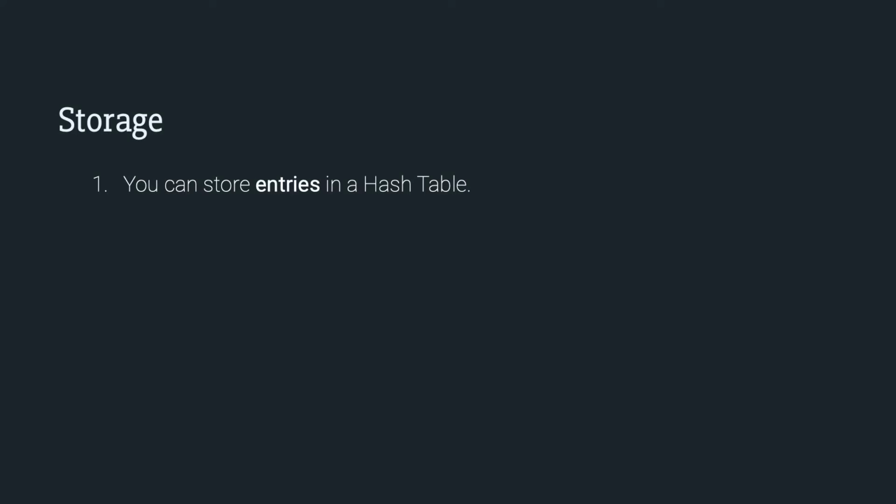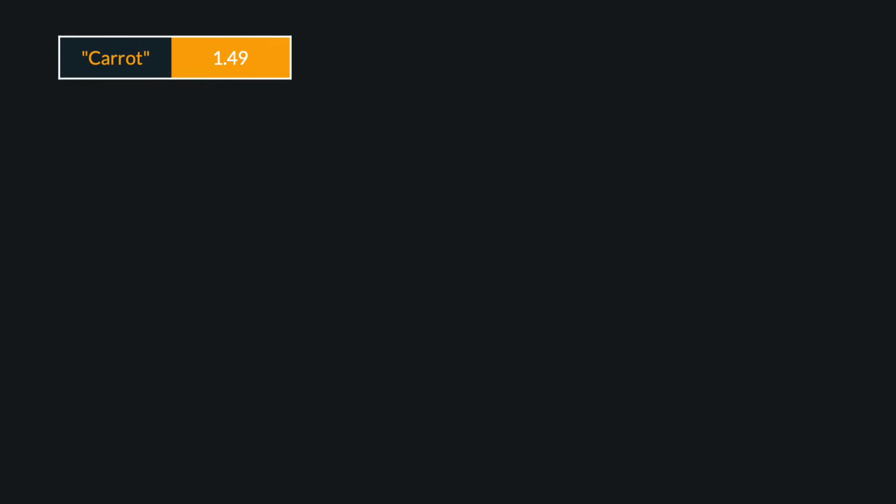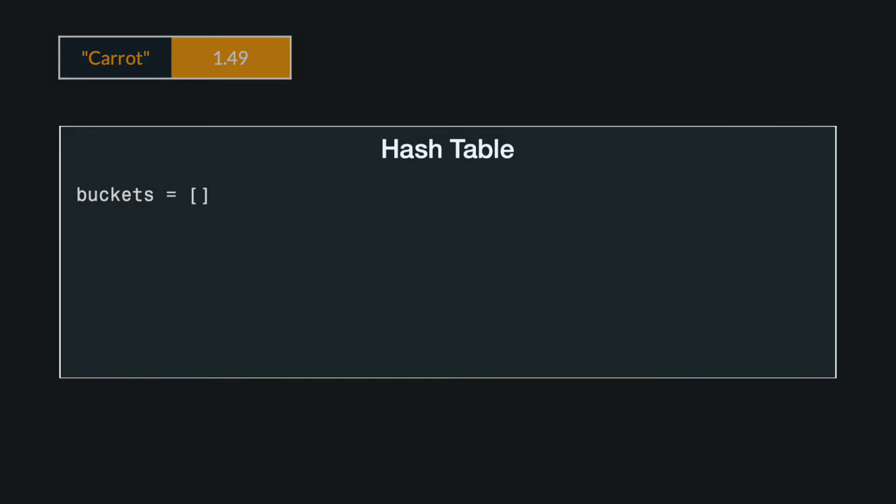You can store entries in a hash table. An entry is a key-value pair. The key is used to locate a specific piece of data, while the value represents the actual data of interest. Internally, the hash table is supported by an array of buckets.